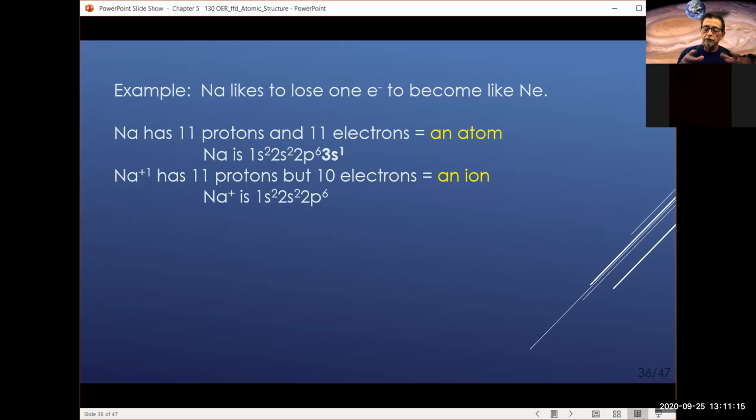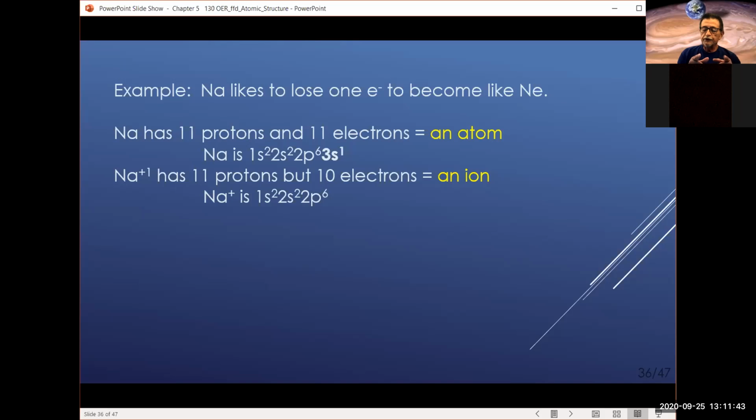And so now the valence shell for the sodium ion is in the 2nd energy level, and that is full. It has 10 electrons now, which is the same number of electrons as the noble gas before it, which happens to be neon. So the sodium ion is isoelectronic with neon, okay? It is not neon, but it is isoelectronic with neon.